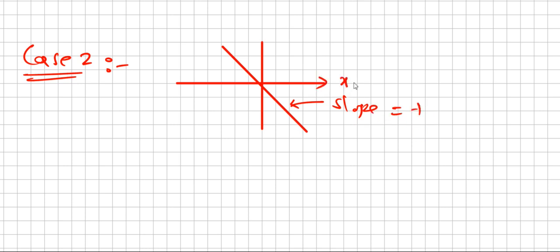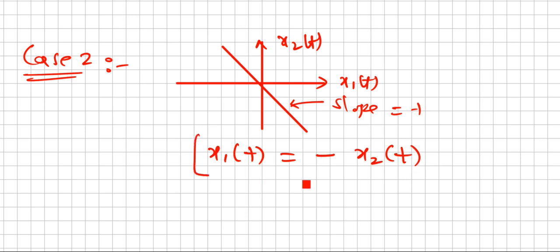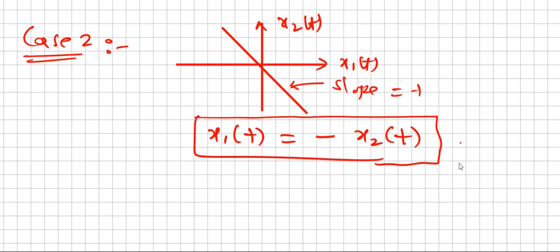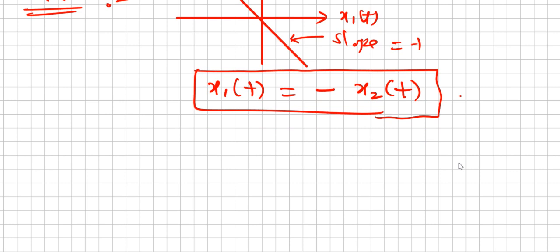On x-axis we have one signal x1(t), on y-axis we have another signal x2(t). If I get such type of correlogram, then in that case x1(t) equal to minus of x2(t), or you can say x2(t) equal to minus of x1(t). So they are the same signals, but they have opposite amplitudes.